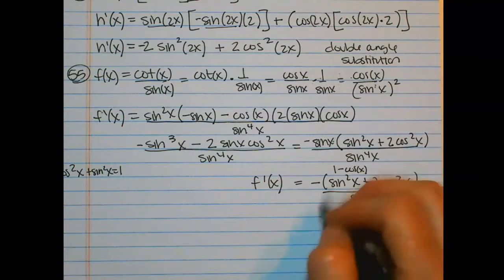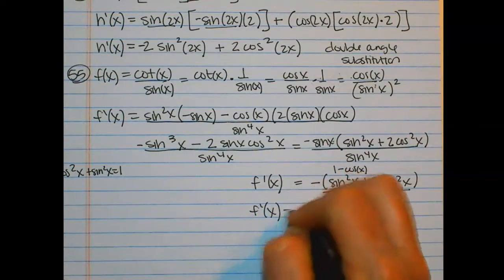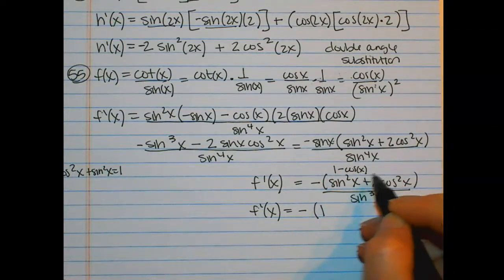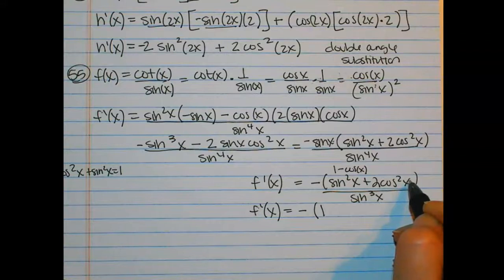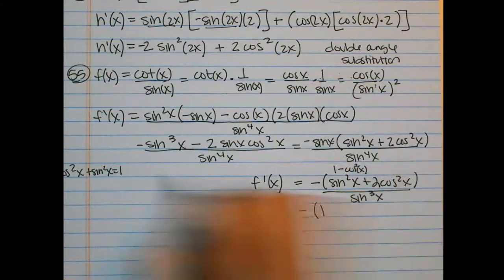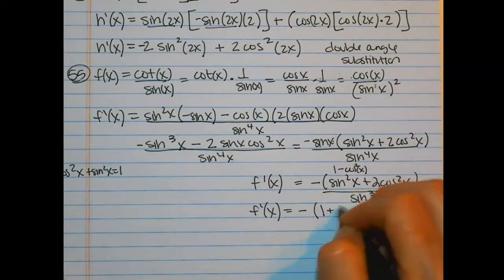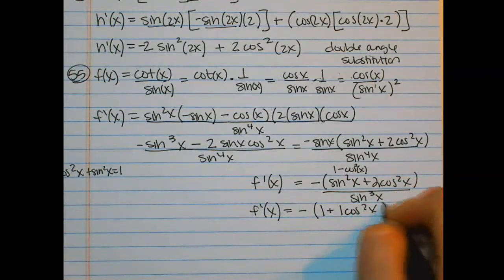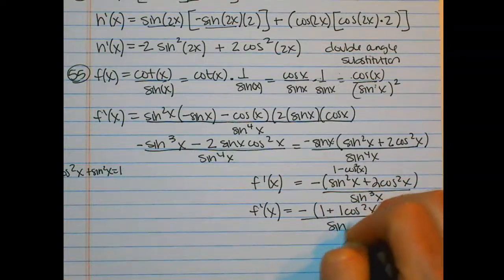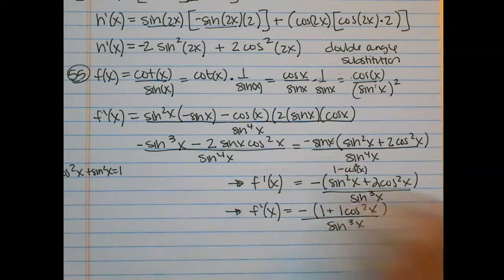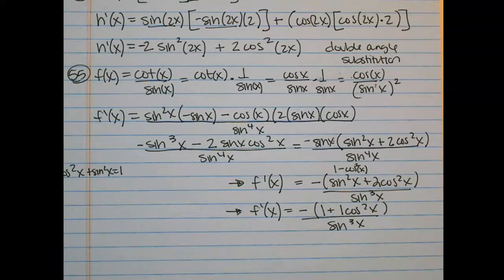That would be f prime of x equals negative 2 cosine squared of x, oh, it's squared, sorry, my bad, 2 cosine squared of x minus 1 is plus 1 cosine squared of x over sine cubed of x. So either one of these is the correct derivative, simplified.